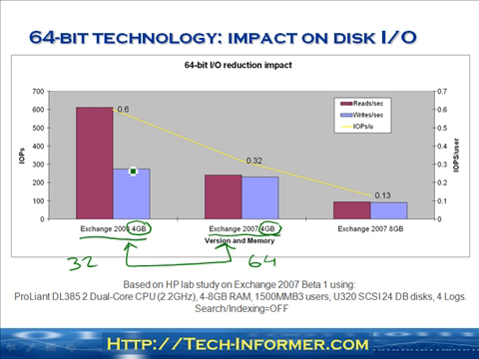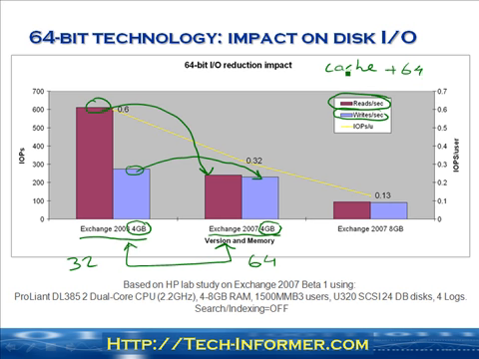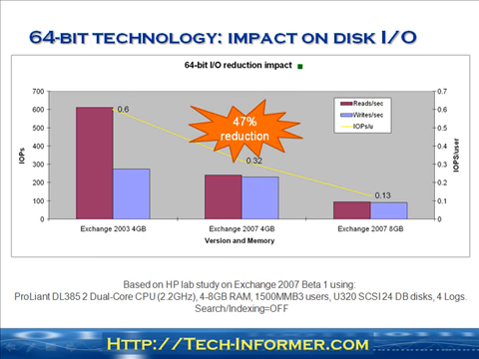Even though my writes per second are more or less the same, look at that. My reads drastically reduce. You might think, well, why? Part of that is because I now have a much larger cache available, and as a combination of that plus the fact that it's 64-bit, we're getting a 47% reduction in disk I/O reads just by going from 32-bit to 64-bit.